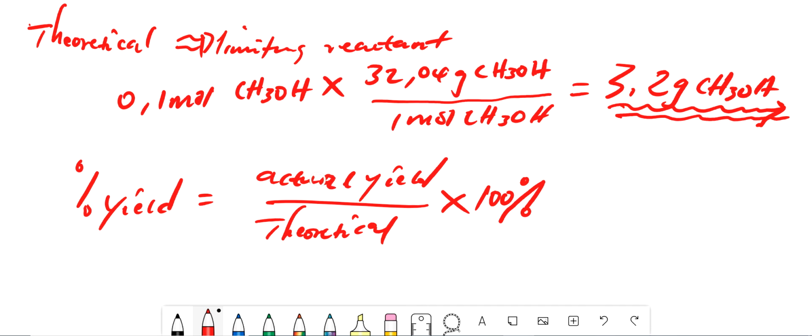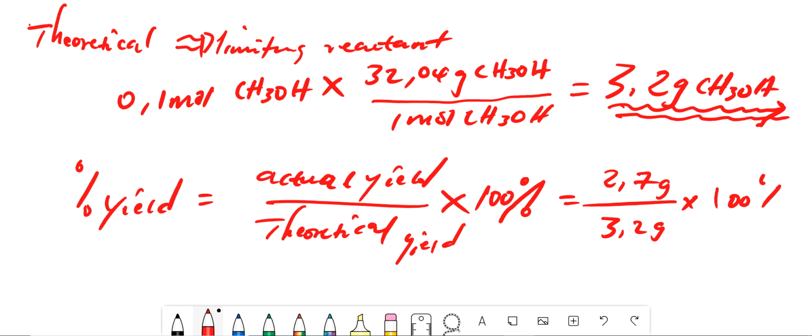So you plug in these values: 2.7 divided by 3.2, all in grams, multiplied by 100%.